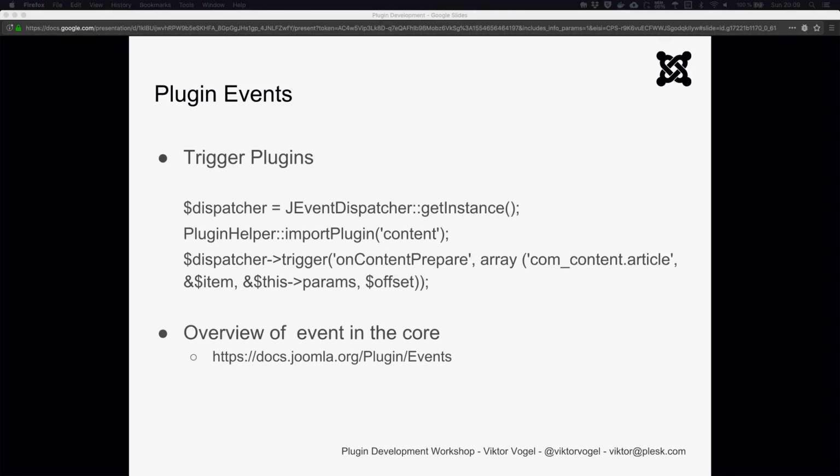It is also called. So it doesn't say that it's only called in the article view, but it's called in all views of the content extension. And the good thing is, if you write a plugin and for instance the plugin should only manipulate data if the component is loaded, then, as I said, the context is clear: you have the content there and the article and the view.